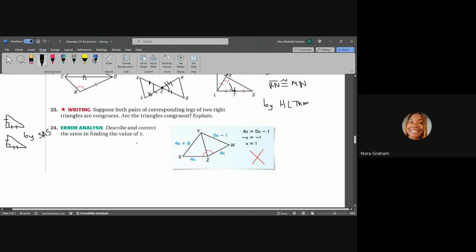All right, so this last one, let's do an error analysis. I love a good error analysis. Describe and correct the error in finding the value of x. All right, so let's see what they're doing right now. So we could say that these are two corresponding triangles. YZ and ZY are congruent because of the reflexive property.